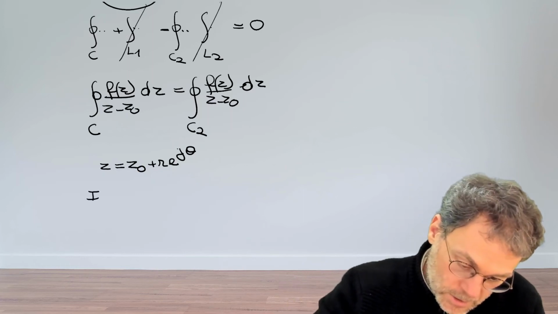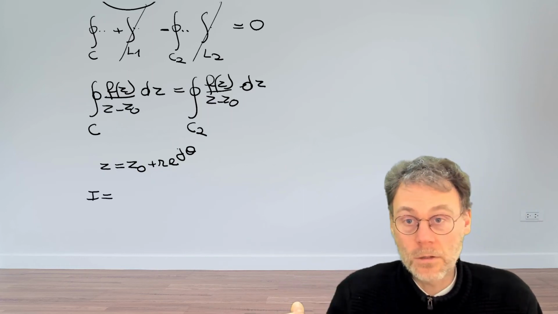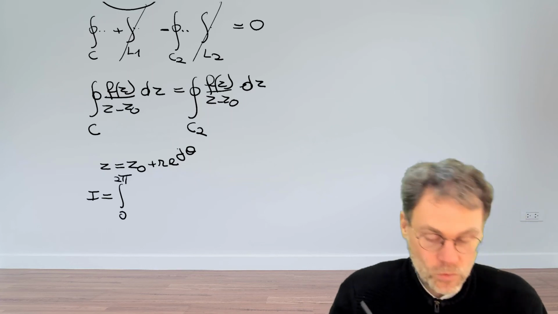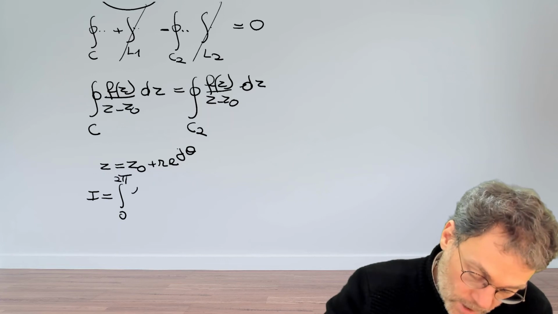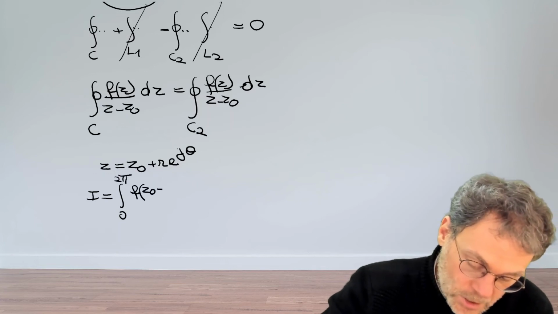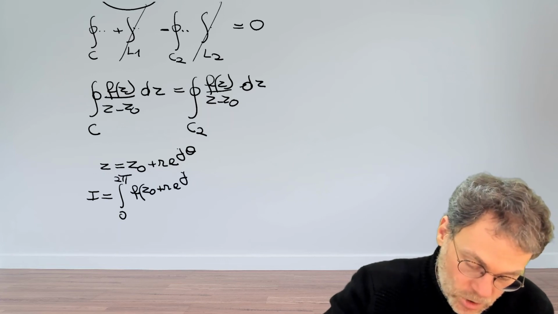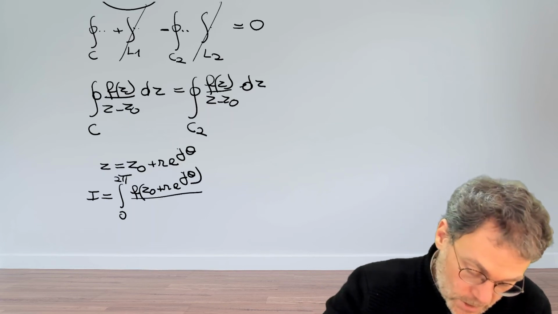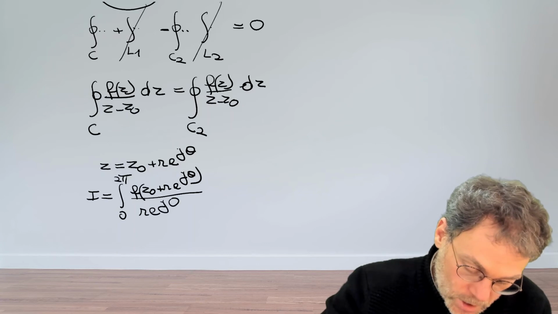And in this case, that means that we can rewrite our integral as an integral from 0 to 2 pi of f of z becoming f of z0 plus r exponential j theta. Z minus z0 becomes a bit simpler, it becomes r exponential j theta.